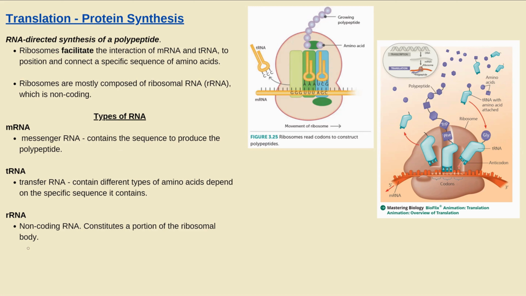So every tRNA has its own little individual triplet of nucleotides, or anticodon, that will define what type of amino acid it's carrying. If you take a look here, CCG, this particular tRNA is carrying glycine. AAA carries phenylalanine, and so forth. So there's many, many different types of tRNAs, and we're going to be taking a look at how they come in and provide the amino acid to the growing chain.